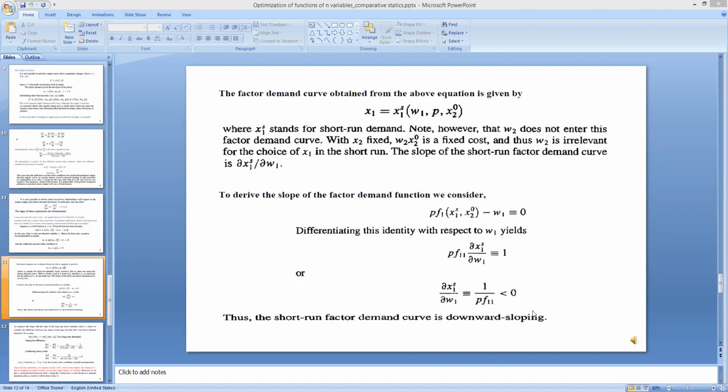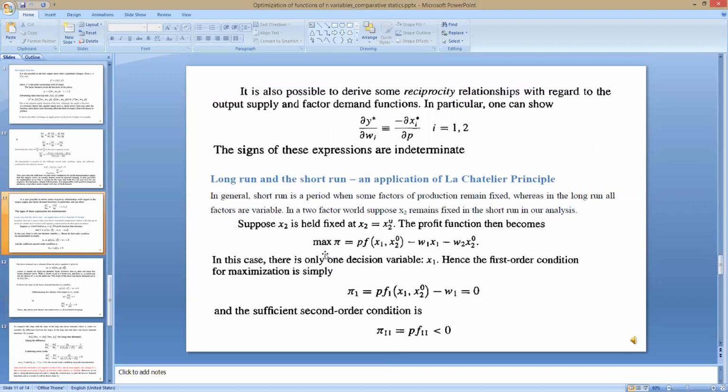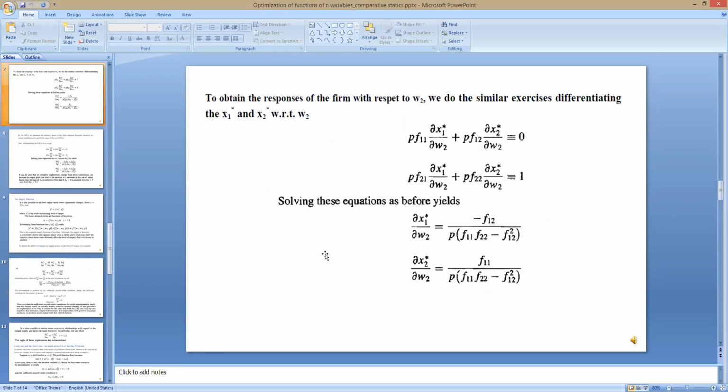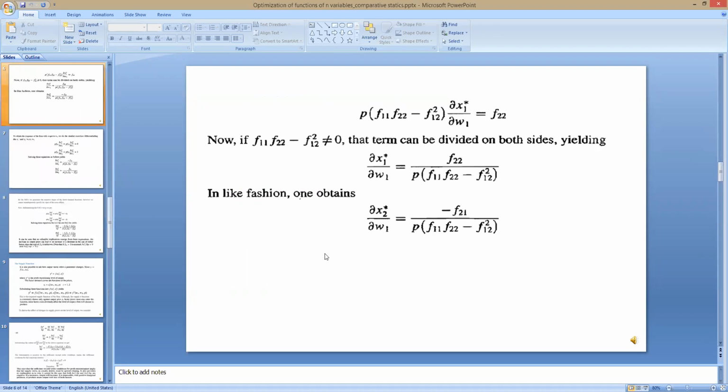Thus, the short run factor demand curve is also downward sloping. Previously, we got del X1 star by del W1. I'm going back to del X1 star by del W1. This is the expression for the slope of the long run input demand.